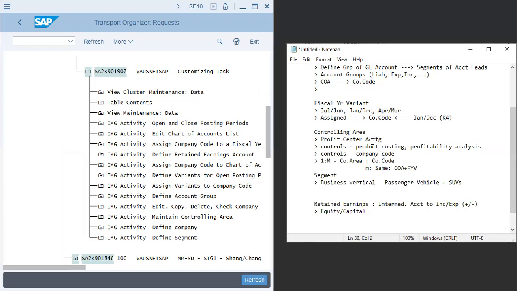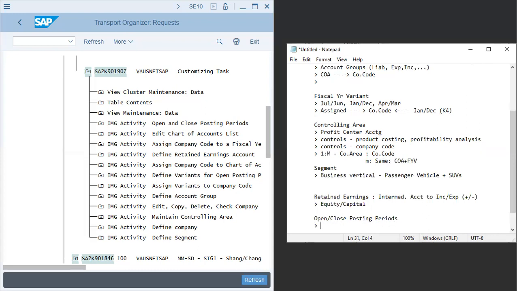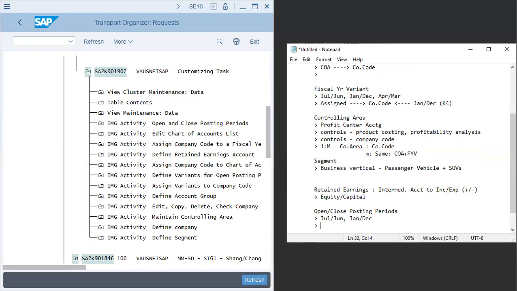Counts closing posting periods. Open close posting periods. Okay. So opening closing posting period is if you have July to June, or it doesn't matter, January to December, it doesn't matter. In this opening posting period, you have 0, 1 to 12 periods. Okay, it can be anything from July to June.